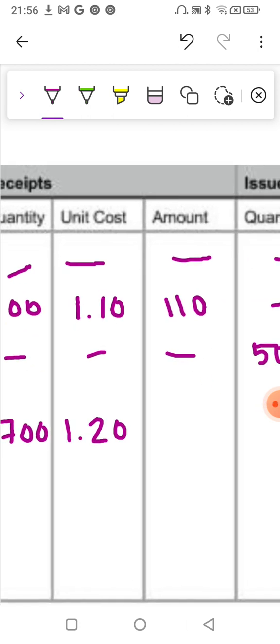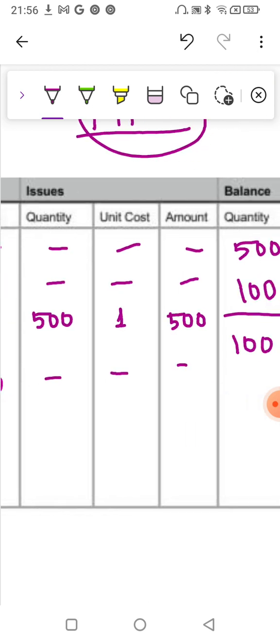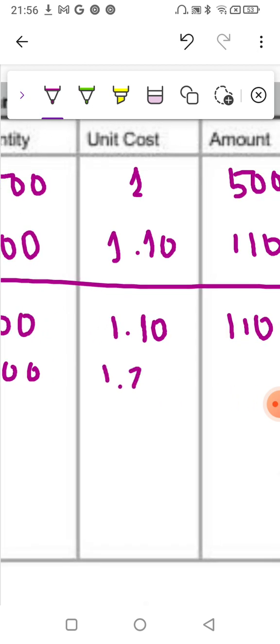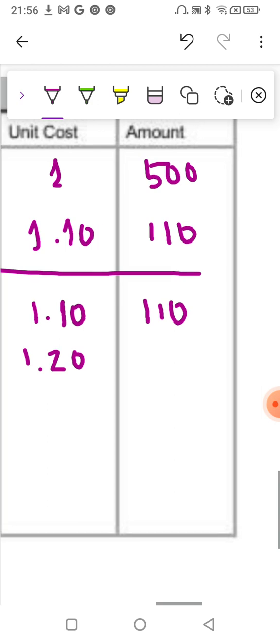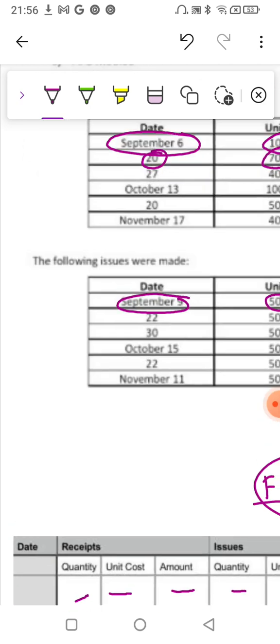Now we are going to multiply 700 into 1.2. That will be 840. There was no issue. So what is remaining over here is 700 for 1.20 and 840. We are done with September 20.